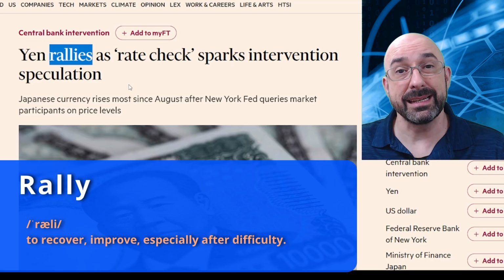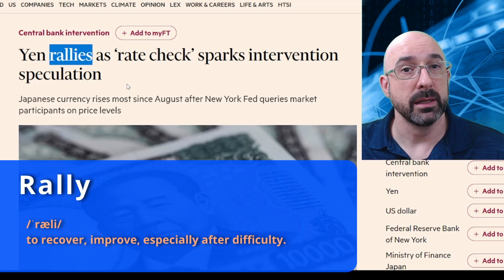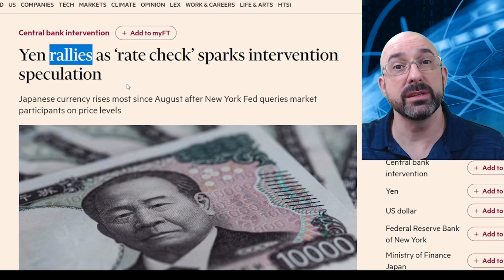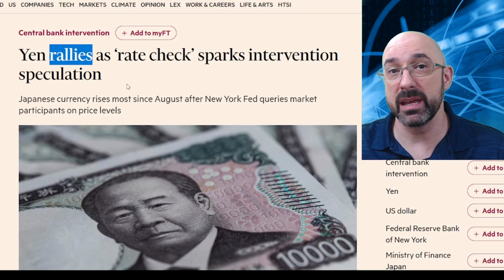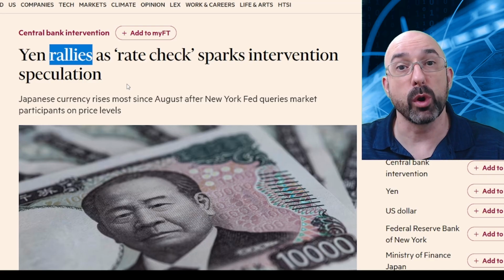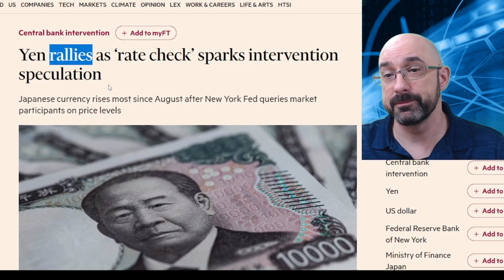So the word rallies here means to gain momentum. It means to go up in a way. When you rally, you come back from some sort of defeat or come back from being down. So in this case, the Japanese yen was very low and it started picking up. It started being worth more against the US dollar in the past weeks.